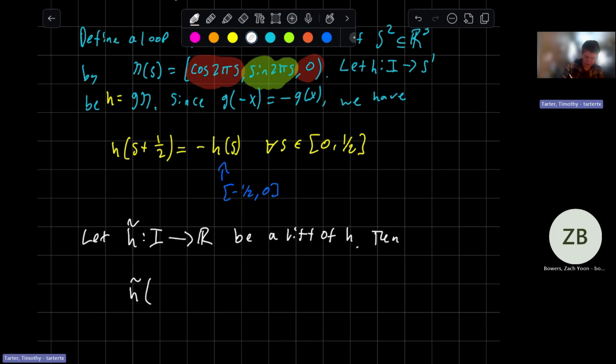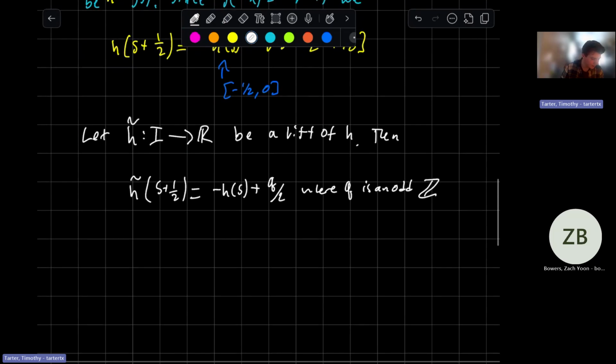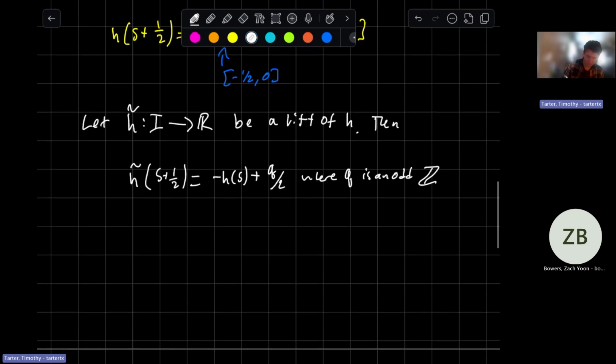Then h tilde of s plus 1 half is equal to minus h tilde of s plus q over 2, where q is an odd integer, which depends on s.